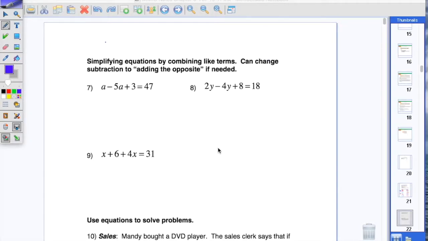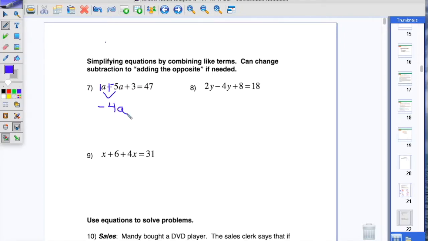Simplifying equations by combining like terms. You can change subtraction to adding the opposite if needed. So in the first problem over here, we have negative 5a plus 3 is equal to 47. We're going to change subtraction to adding the opposite first, and we're going to put a 1 in front of the a. We have two a's on the left-hand side, so we're going to combine them. We have to take the sign of the larger and subtract.